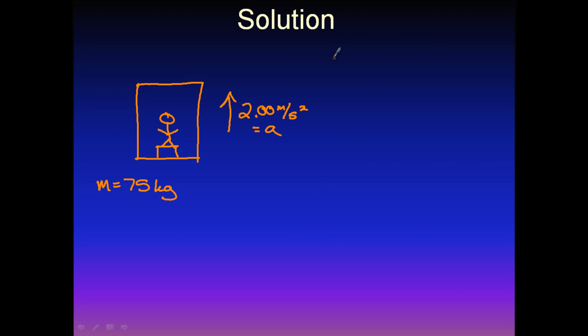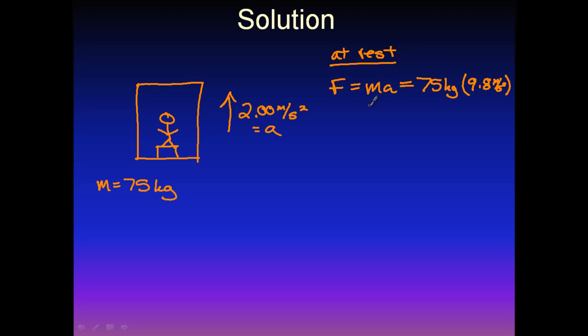So what does the scale read when it's at rest? The scale reads forces. It actually reads a normal force. So at rest, what does the scale read? We know that force equals mass times acceleration. So it's your mass, 75 kilograms, times your acceleration, which is 9.8 meters per second squared.